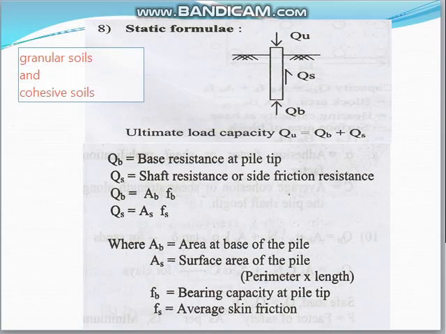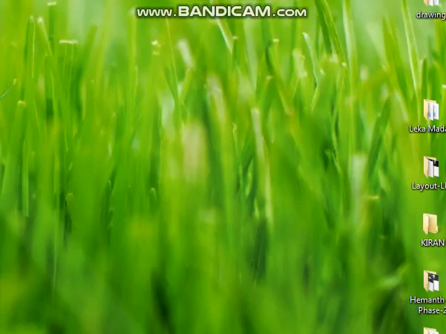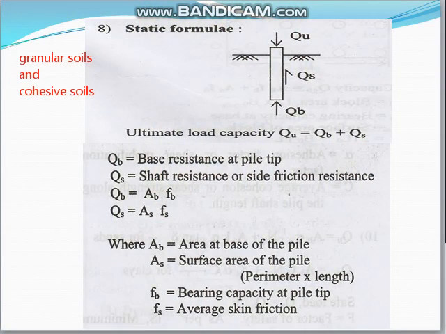Cohesive means nothing but clay soils. This static formula is used for piles in granular soils and cohesive soils.